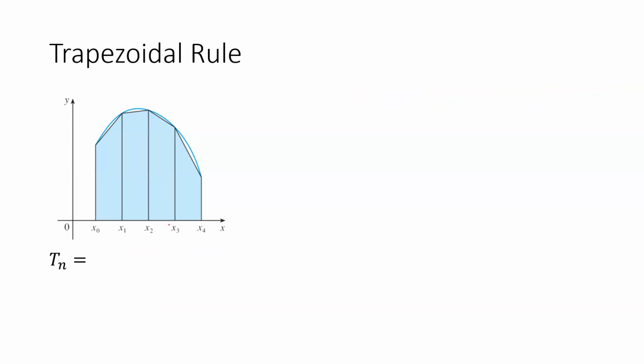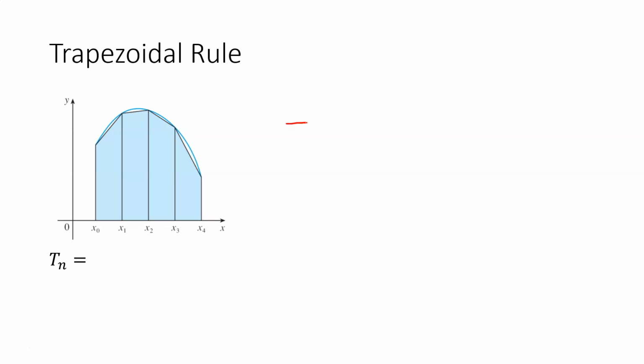And then one more rule that might also be a better approximation than the left or the right Riemann sum would be the trapezoidal rule, which instead of using rectangles is now using trapezoids. So as we can see here, to find the area of each of these trapezoids, we're not using a rectangle formula, instead we're using a trapezoid formula.